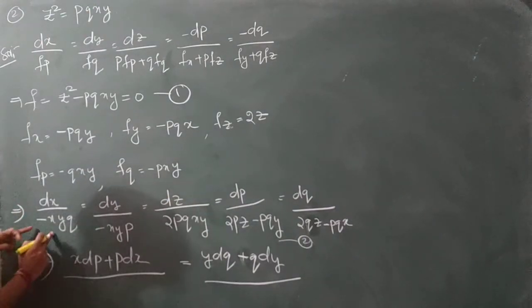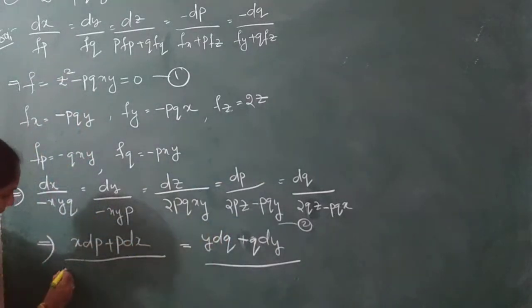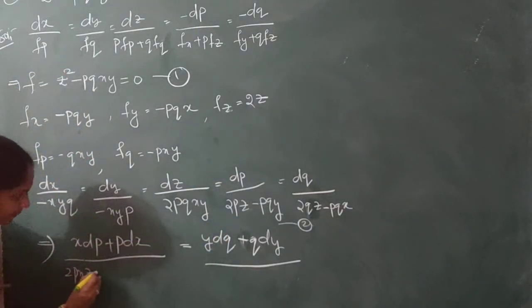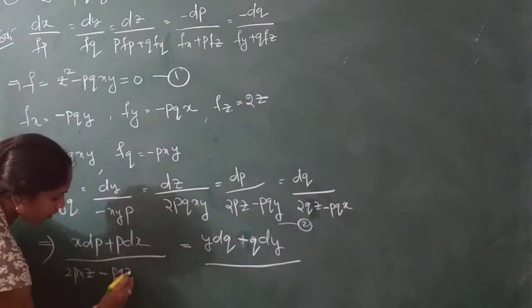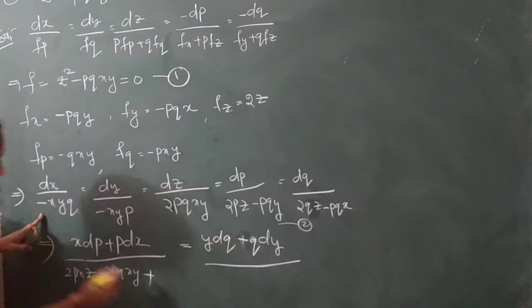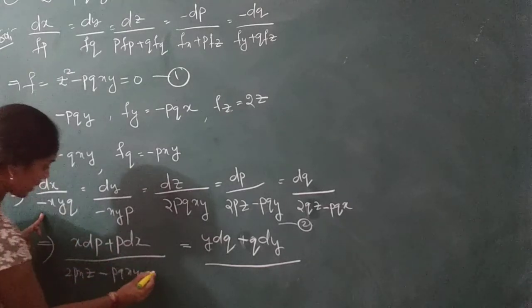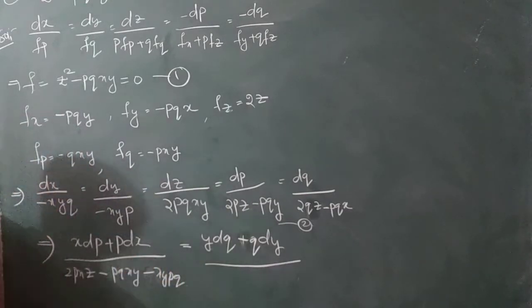x into dp. Here this is your dp and you have to multiply this with x. What happened? 2pxz minus, what you are multiplying with x, pqxy, plus you have to multiply with p here. So minus of all of this is minus xypq.